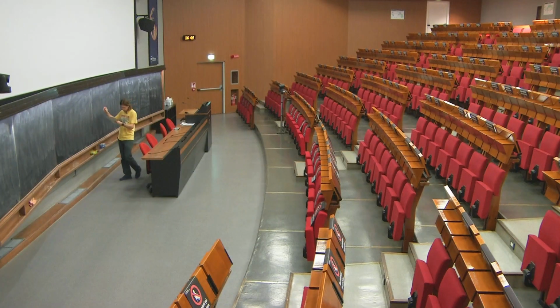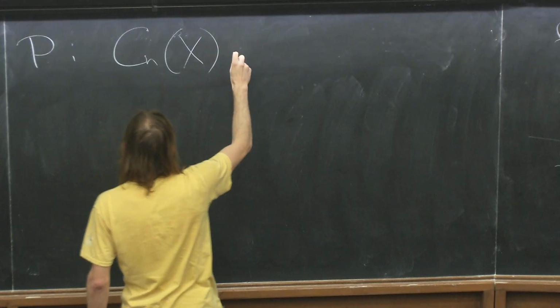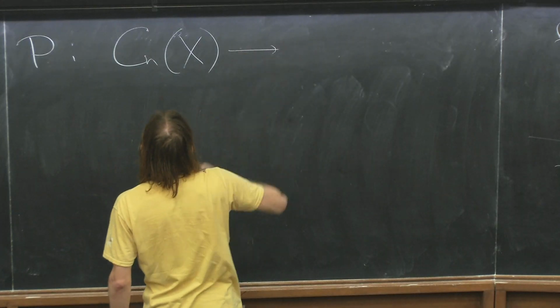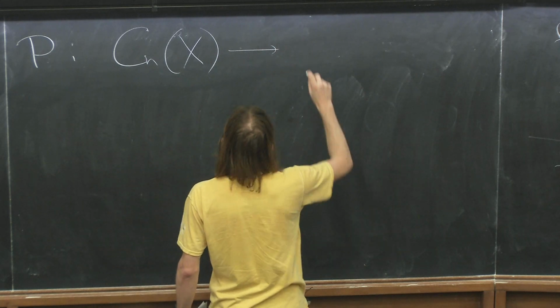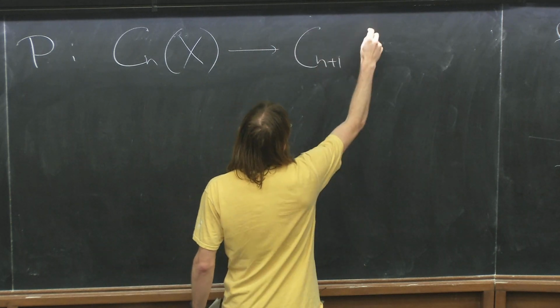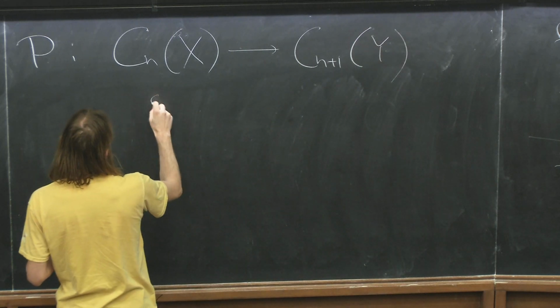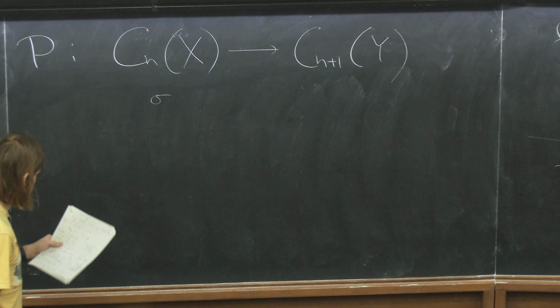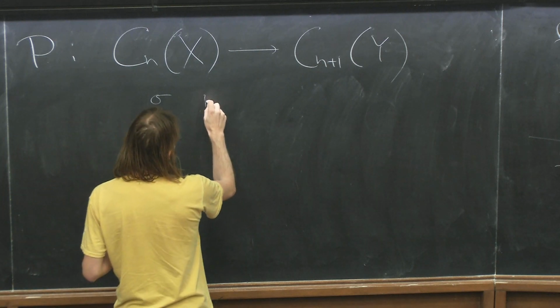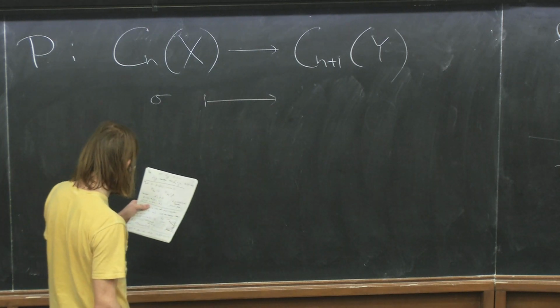So again, I repeat what was already done last time. We use this subdivision to define the prism homomorphism from C_n of X to C_{n+1} of Y. We define it on the generators and then linearly extend to the full group.